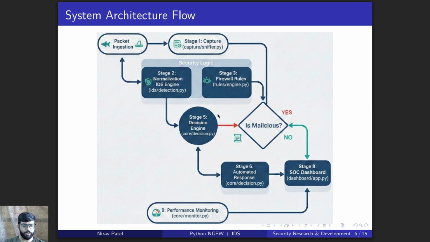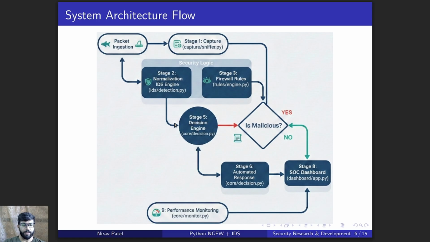Now, let's move to stage 5, the decision engine. The output of the firewall engine and the IDS are sent to the decision engine. This is the core intelligence of the system. Instead of relying on a single indicator, it correlates multiple signals before making a final judgment.